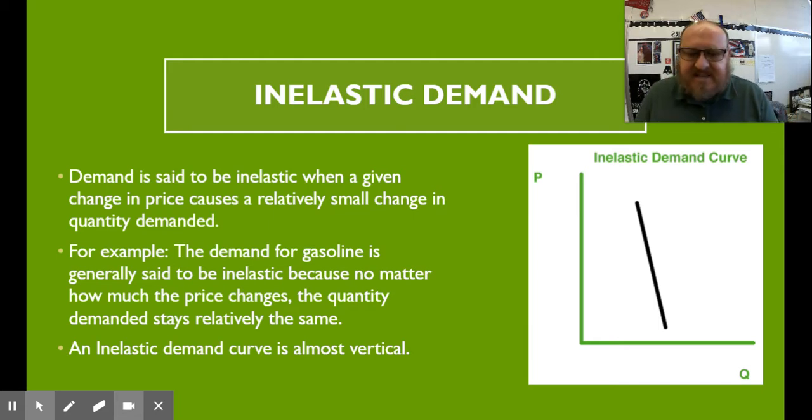That is demonstrated by a nearly vertical demand curve, like the example you have there. Instead of looking like this, which would be elastic, if the curve looks more like a straight up and down vertical line, that means your product or service is inelastic. It doesn't matter whether you raise or lower the price, your demand is going to change just a little bit.